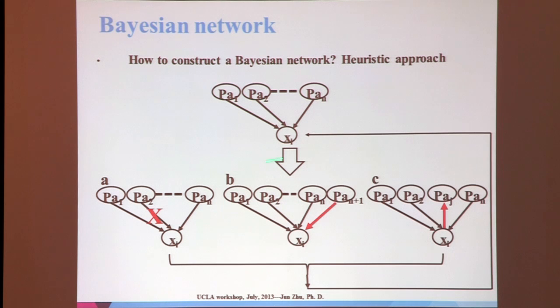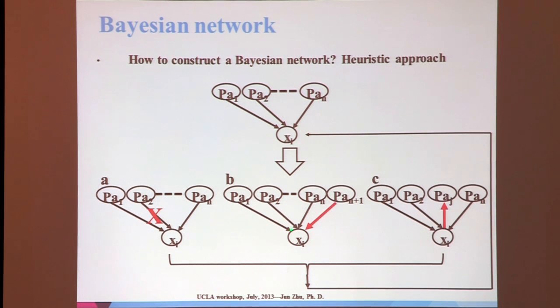The heuristic approach is that rather than going through all the possible structures, we just focus on the local structure. Each time, you select one node and see whether there is a local change that makes the structure fit the data better. This goes through a loop. First, randomly select a node X, which already has a parent. Then perturb this local structure a little bit. If I remove this parent, do I get a better fit?